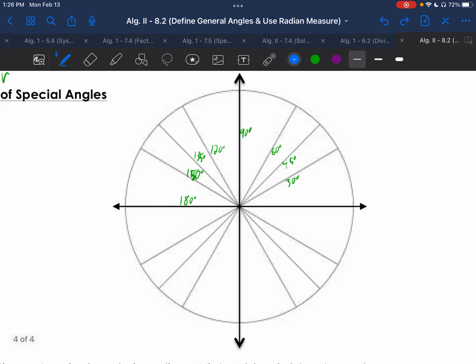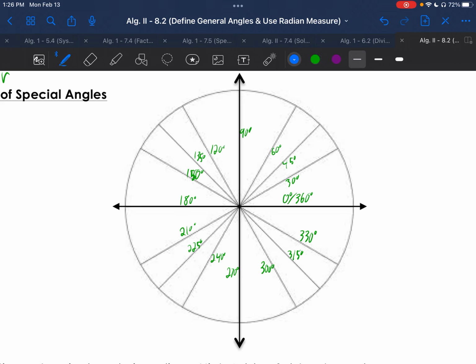We'd end up getting 210 degrees, 225 degrees, 240 degrees, 270 degrees, 300 degrees, 315 degrees, 330 degrees, and 0/360 degrees.